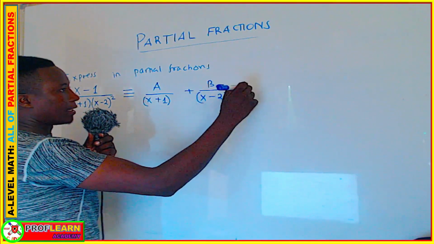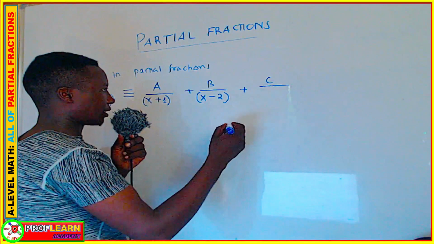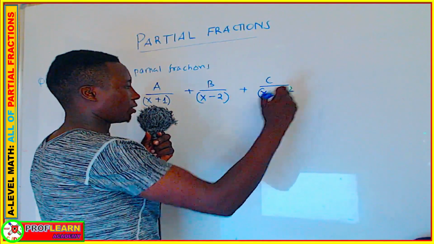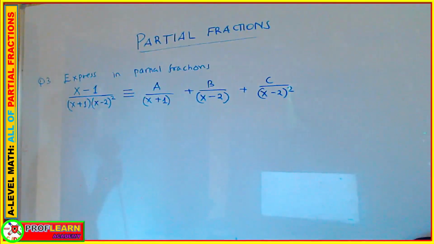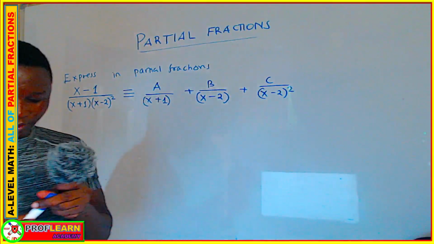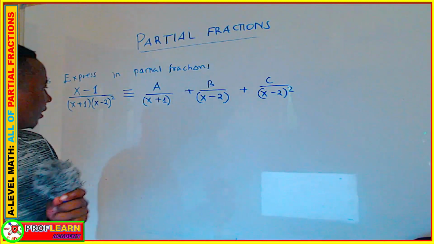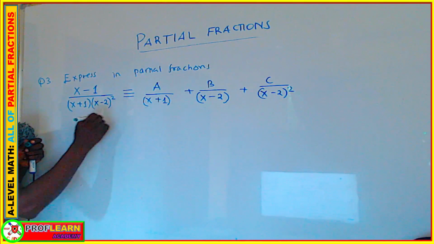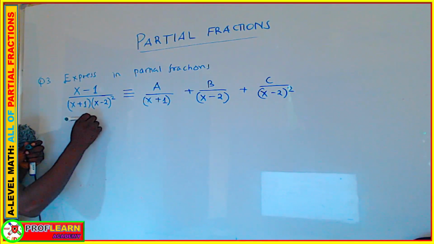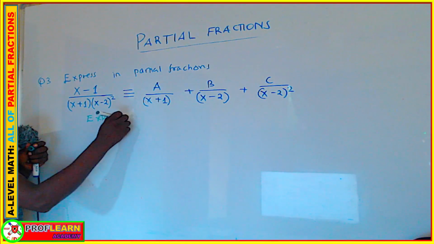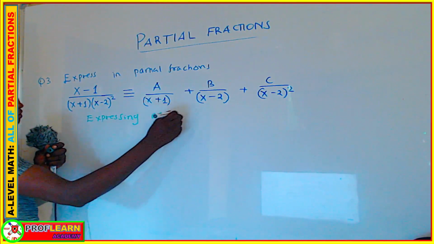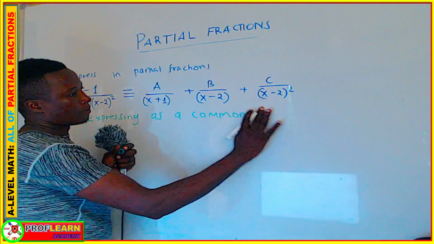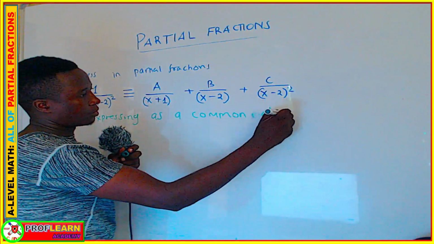Again, you are going to add another constant and write x minus 2, but this time round you'll put the square that you had. So once you've done that, remember the next step that we mentioned. After you've done all this, you are going to express it as a common denominator.